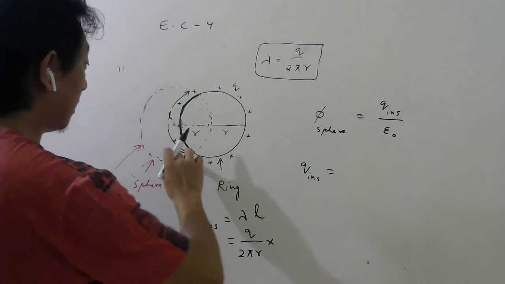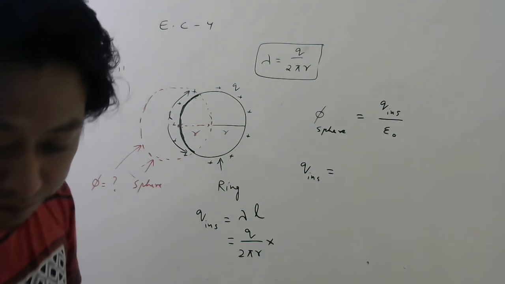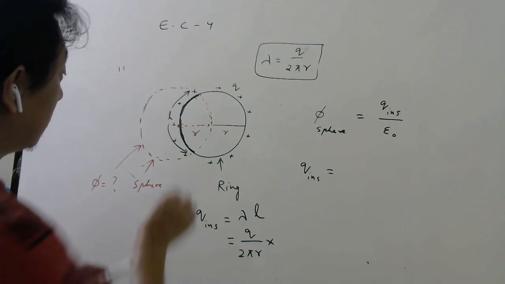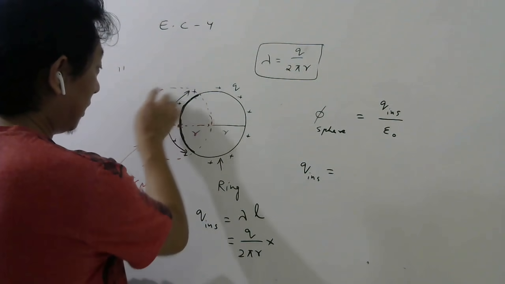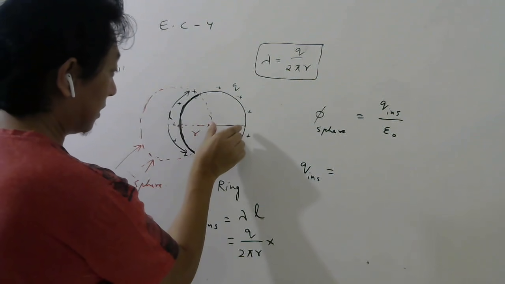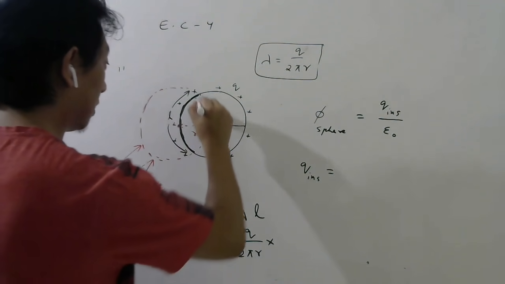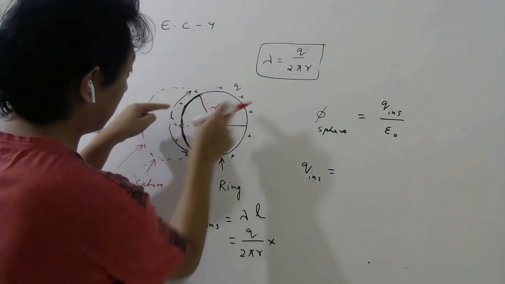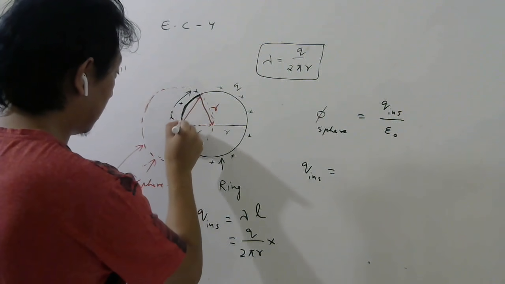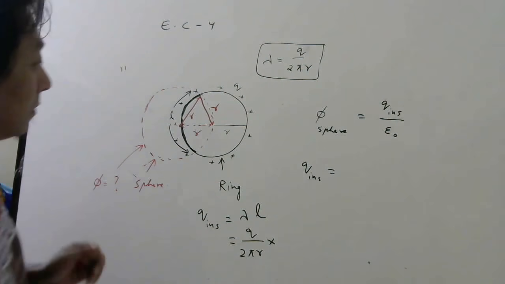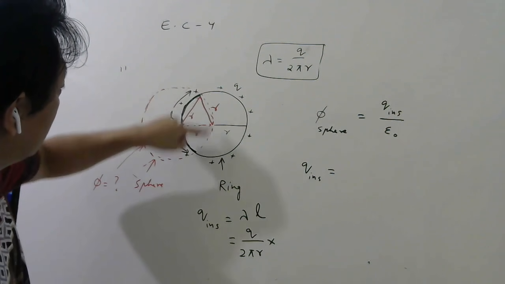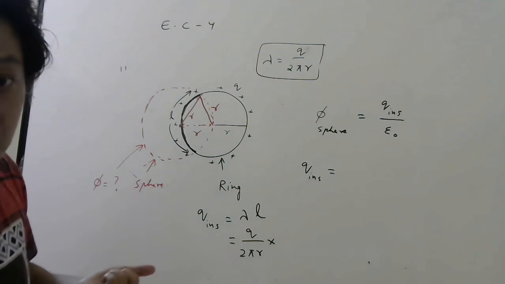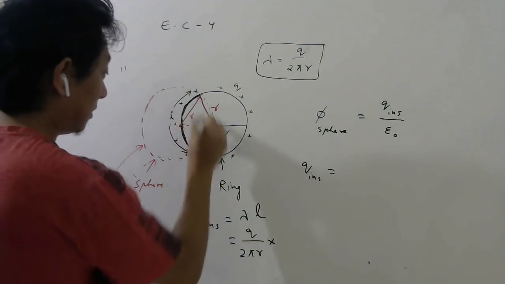L, how to find this length? Look carefully. This is r because they told the radius of the sphere is the same as the ring. What about this distance? That is also r because this is the radius of this ring. What about this? That is also r because that is the radius of this sphere. So this is r, this is r, this is r.